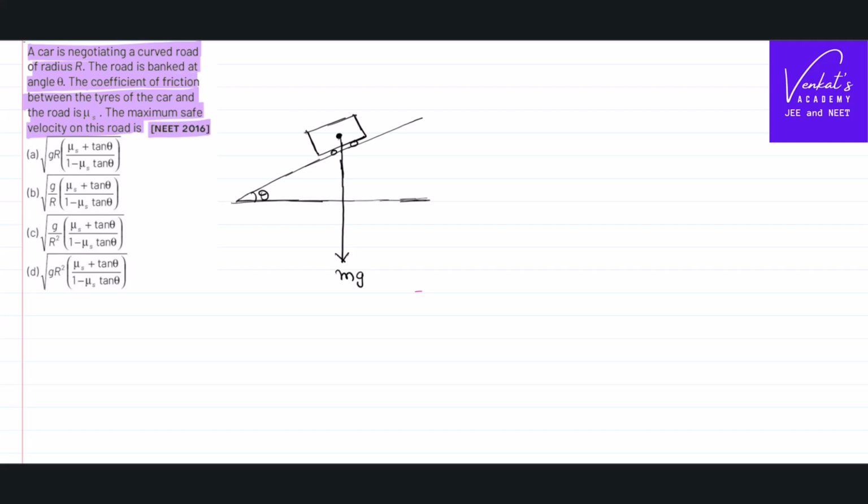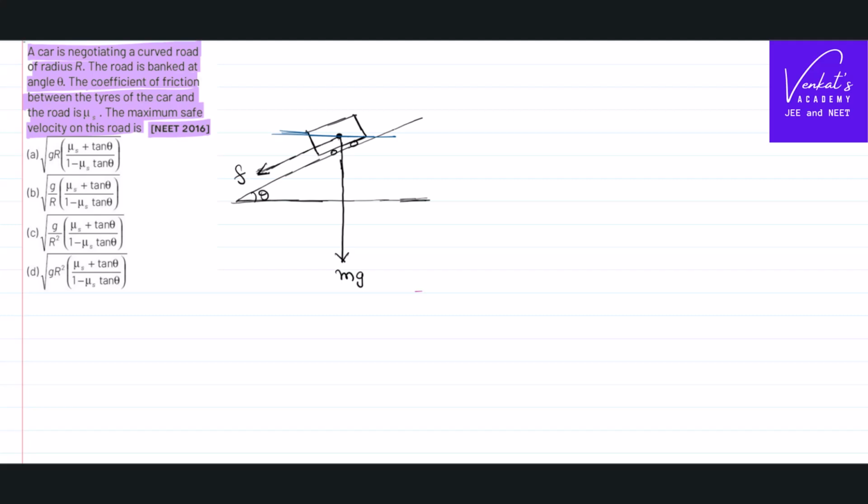Thus, there will be a frictional force acting towards the center of that circular path, which helps in providing the necessary centripetal force. So this is the direction of the frictional force. Now I can say that the frictional force can be resolved into components.